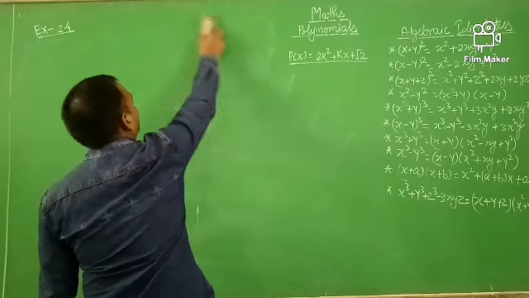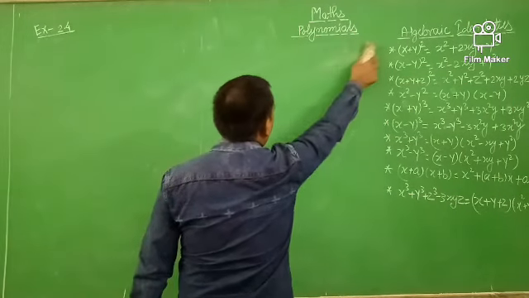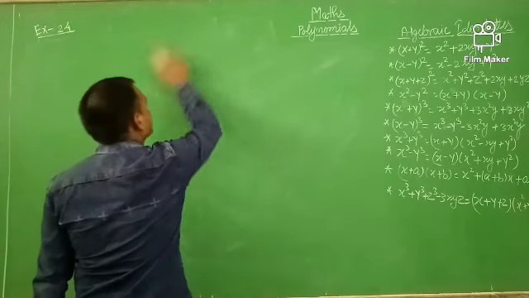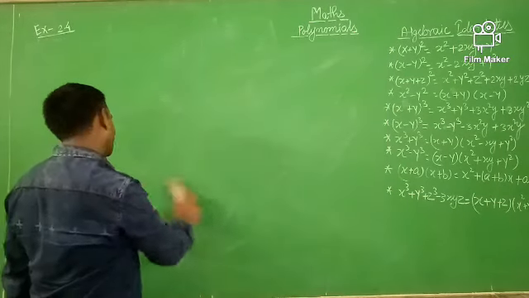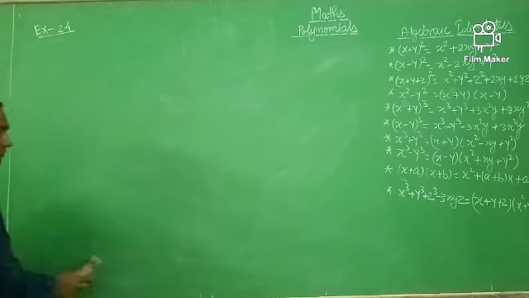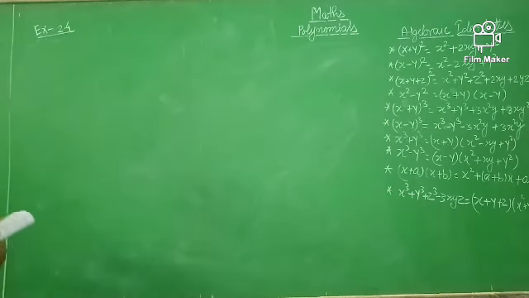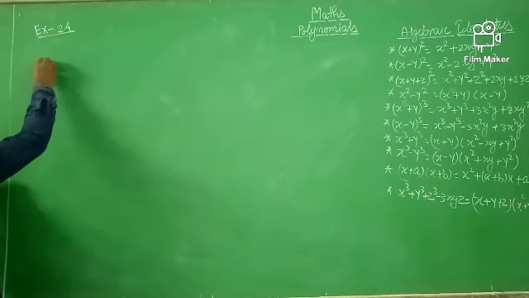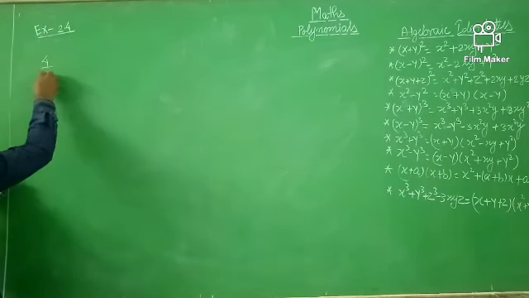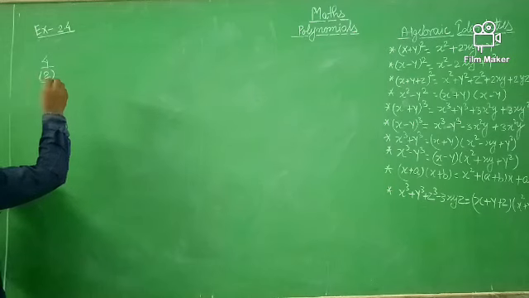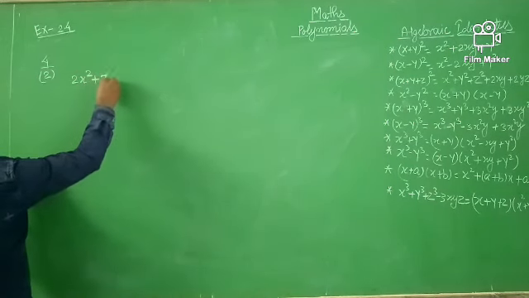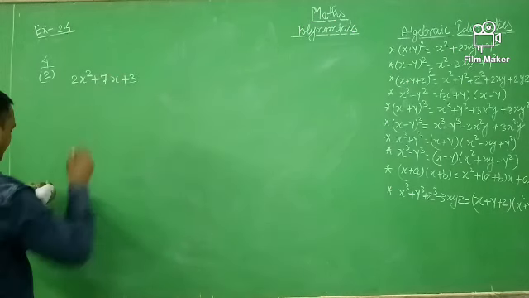You split the middle term and factorize that polynomial. I will give some examples related to splitting the middle term of polynomials. So here is the first example, the second question: 2x square plus 7x plus 3.